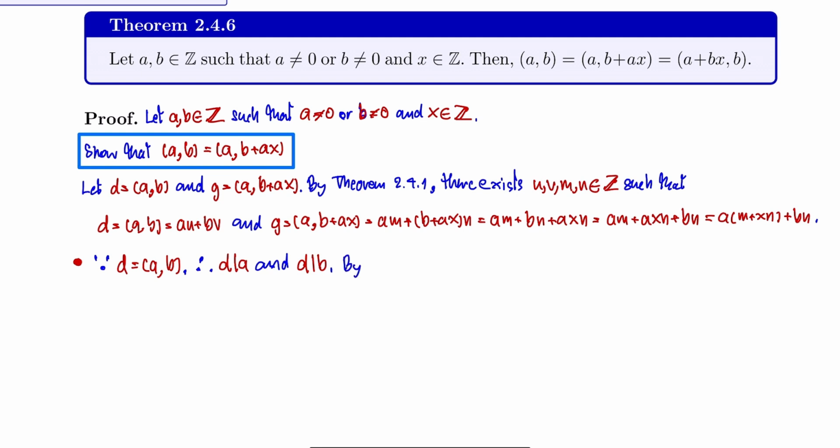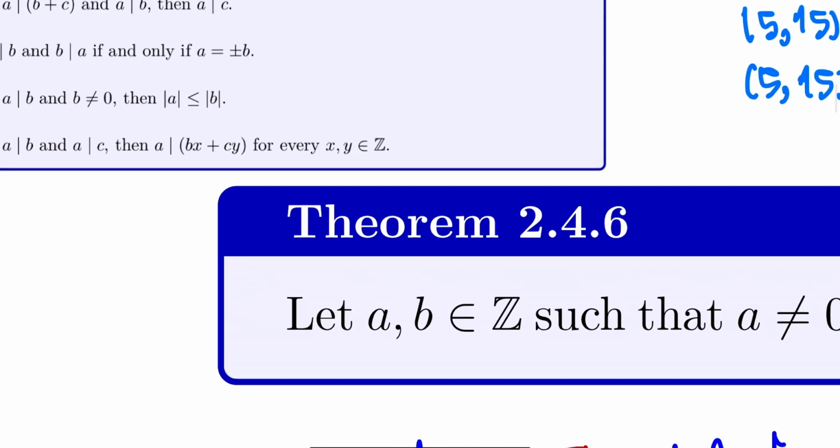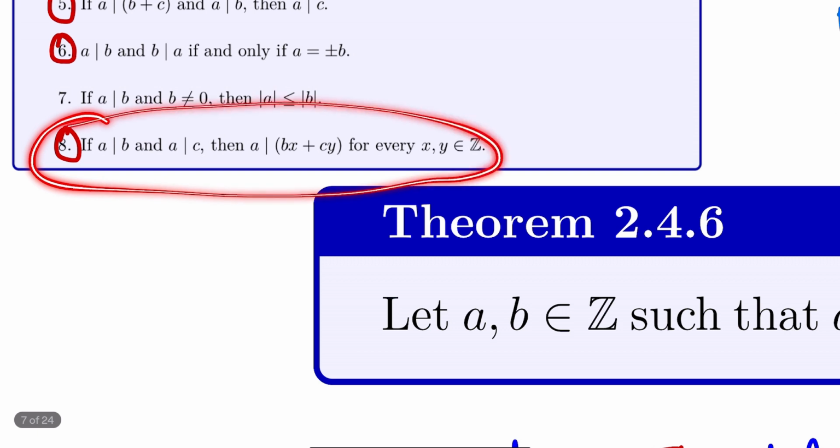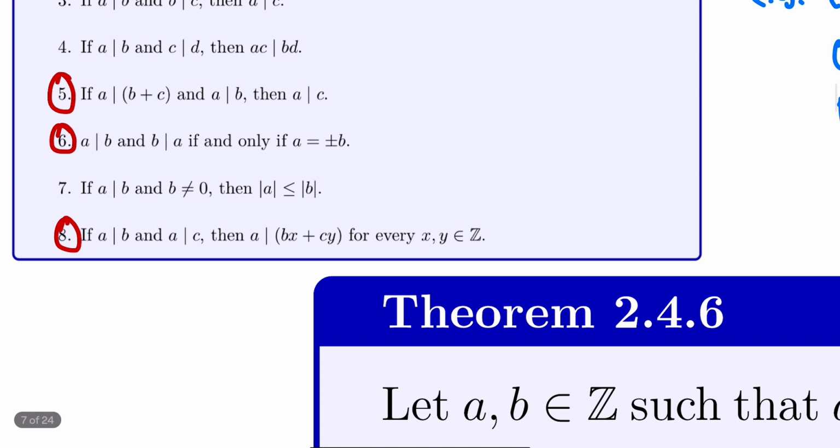So what do we have next? Once we have d dividing both numbers, we want to use this property in Theorem 2.3.1: if a divides b and a divides c, then a divides bx plus cy, where x and y are any integers.